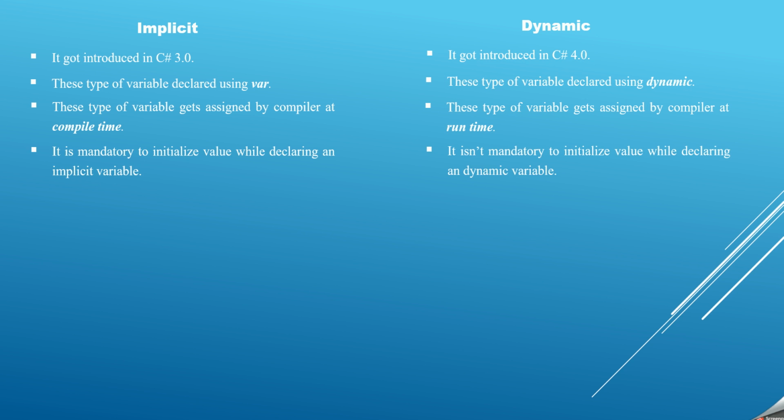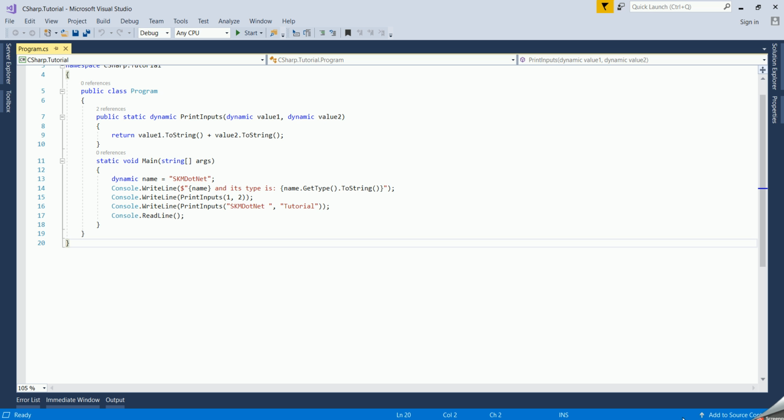So let's see the next thing. We already have discussed both these points in our last tutorial, but let's see one more time, right? Let's suppose I want to modify a little bit, so I don't want to assign it as of now, so just cut it.